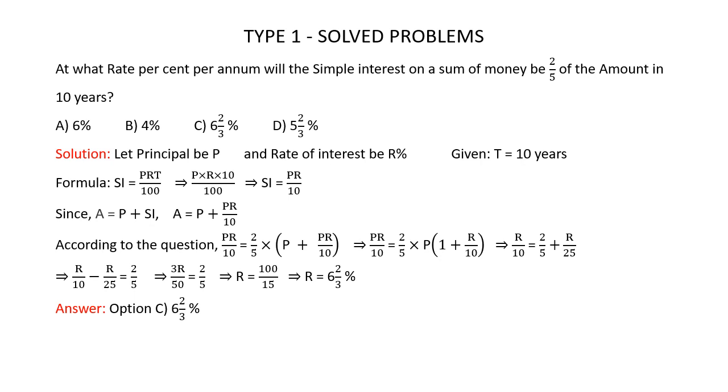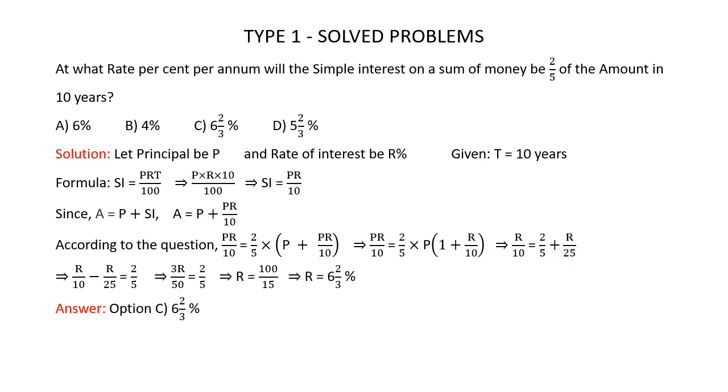So now you have PR by 10 is equal to 2 by 5 multiplied by P multiplied by 1 plus R by 10. Now the P on the left hand side and the P on the right hand side gets cancelled and you're left with R by 10 is equal to 2 by 5 multiplied by 1 is 2 by 5 plus 2 by 5 multiplied by R by 10 is R by 25.